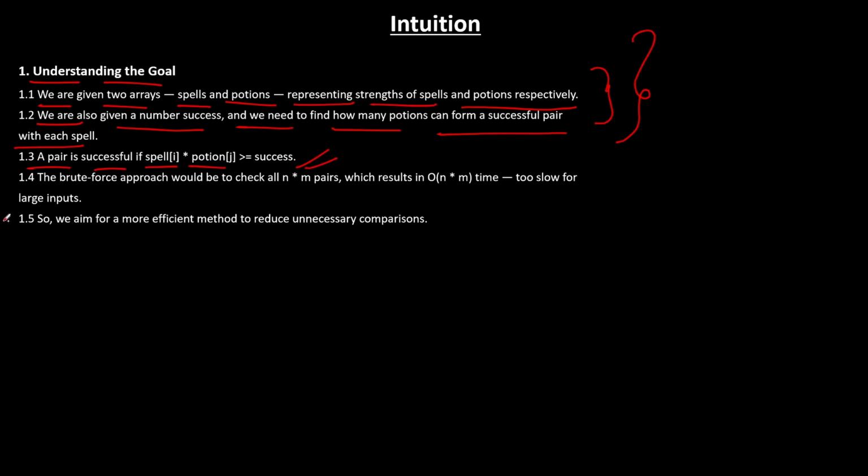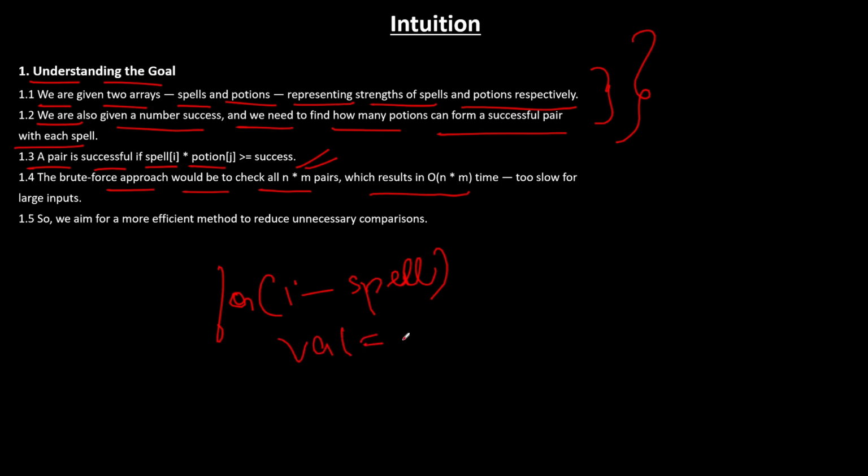Now, for this problem, what could be the brute force? A brute force approach would be to check all n cross n pairs, which will result in n cross n time, which is too slow for large inputs. What it means is basically, for i in spells, okay, first loop for spells. Then here in val we could store spell of i.